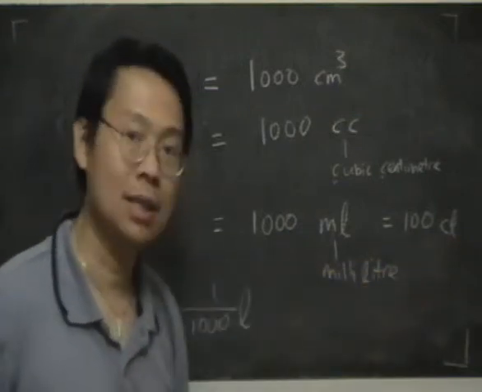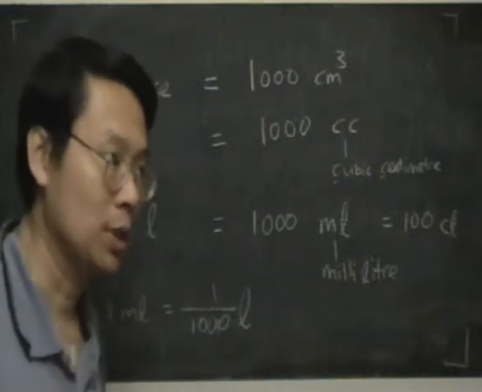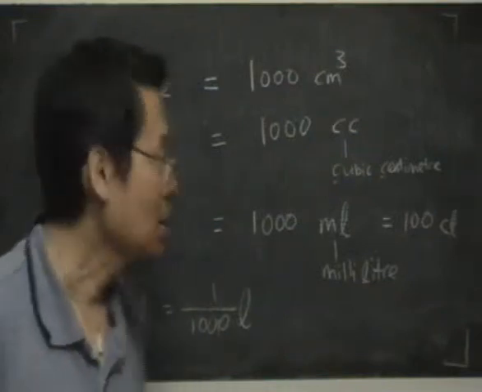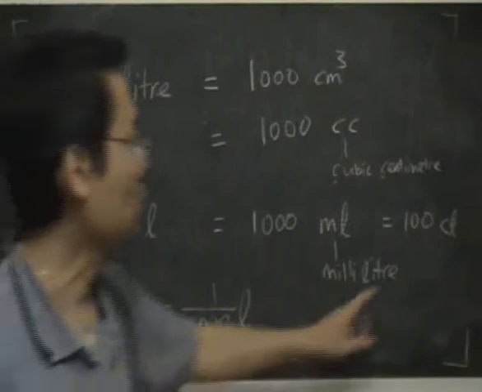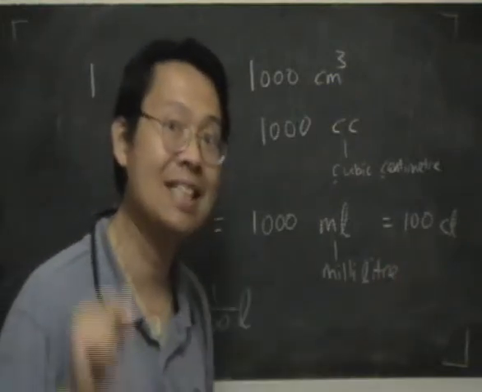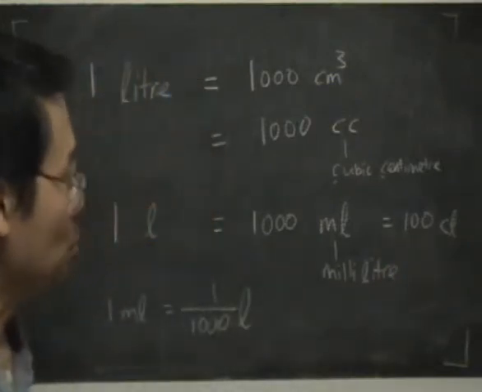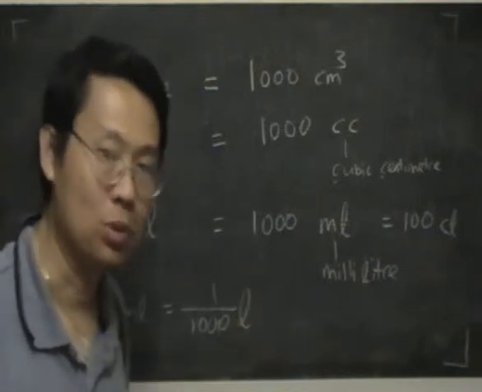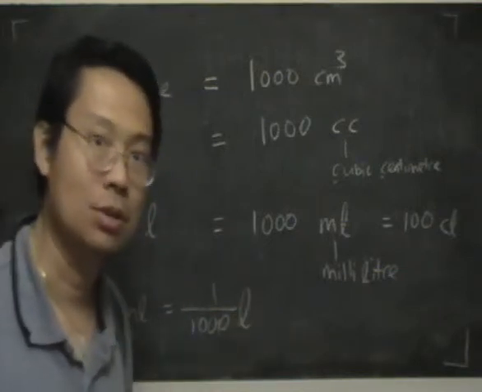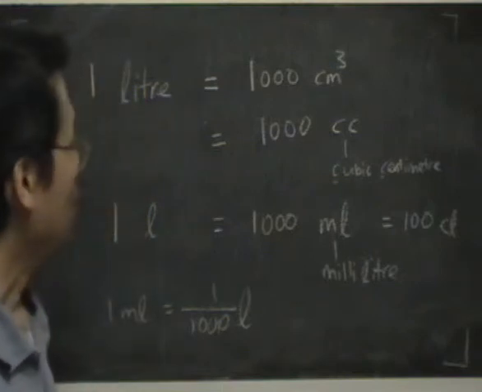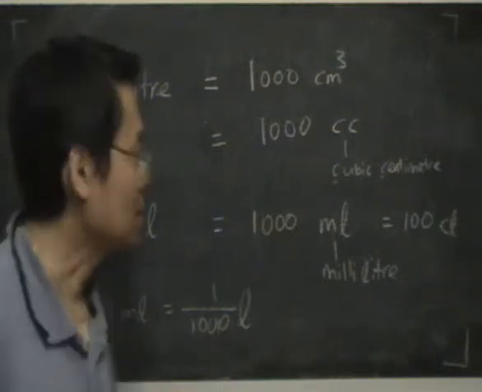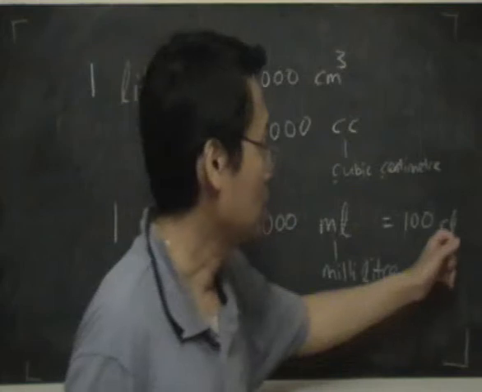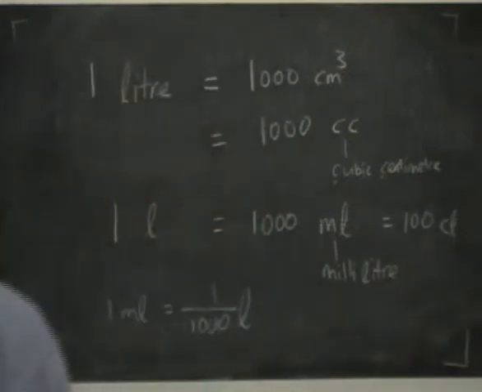So 1 CL is 1 over 100 of a liter. Therefore, 1 liter is 100 centiliter. Now you do see this quite often on the bottles of drinks that you buy, but you don't see it so much in the exams. So this is just an aside.